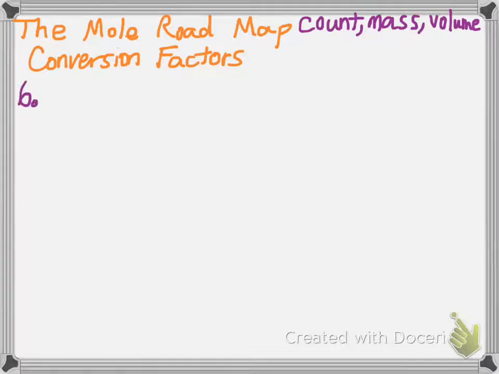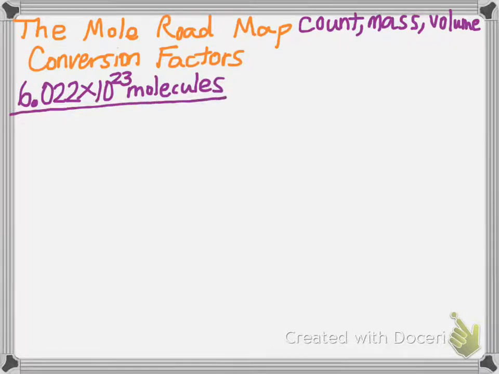So we have 6.022 times 10 to the 23rd molecules. And remember, molecules are the representative particle of a molecular compound. So then we have 1 mole of molecular compound. That's one of our count conversion factors.